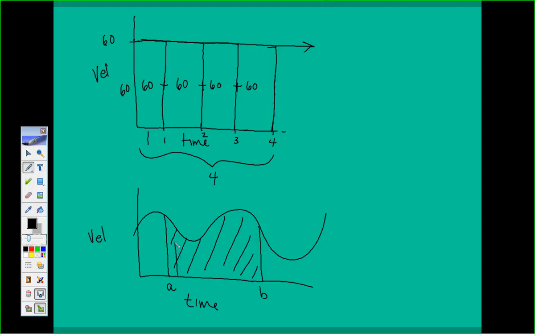We are going to create these rectangles to help us estimate the area under these curves, which will give us the distance traveled.